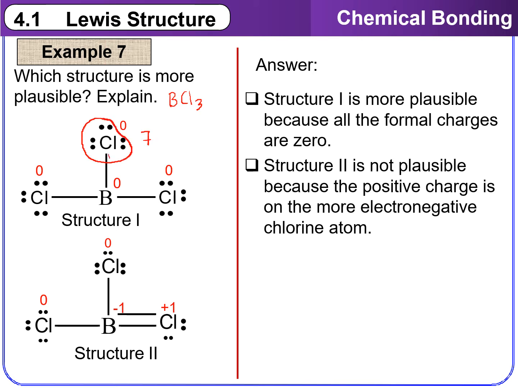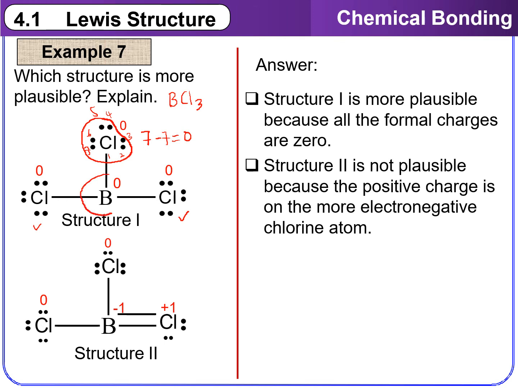So here we have 1, 2, 3, 4, 5, 6, 7, minus 7 equals 0. I will repeat for the other 2 chlorines, because the condition is similar to the first one. So I also know the formal charge for all the chlorines in this compound is equal to 0.